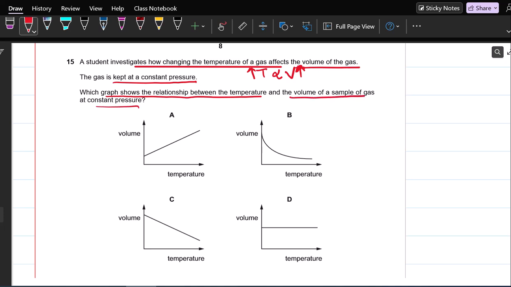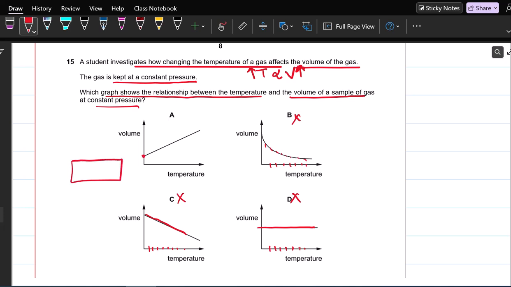Okay, here you can see as the temperature is increasing, volume is decreasing. Here you can see as temperature is increasing, volume is decreasing. And here as temperature is increasing, no effect is occurring on volume. So all these three are wrong. So here what is happening? Initially the gas is having some volume.